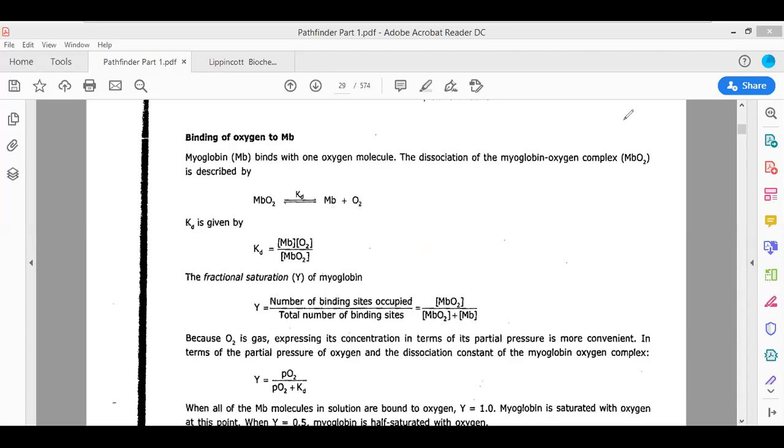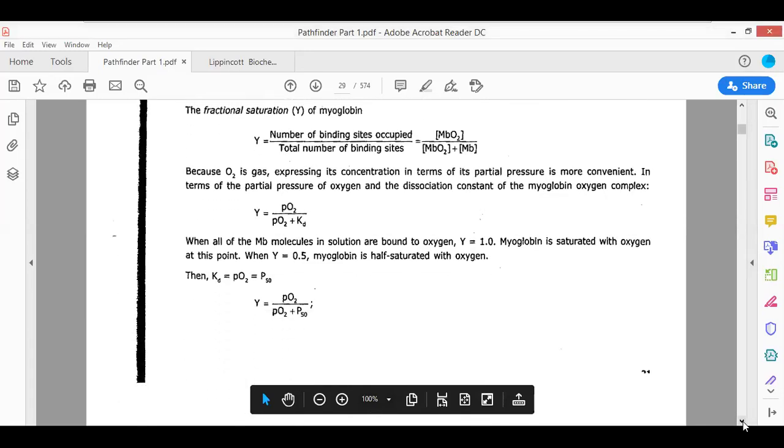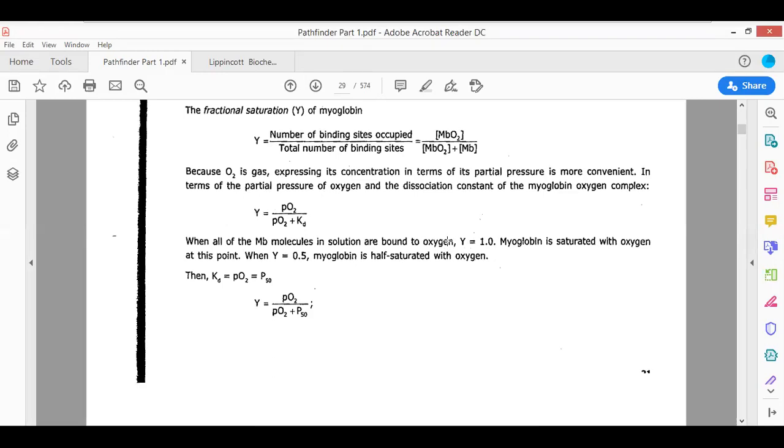Now how does this Hill's equation help in understanding the oxymyoglobin dissociation curve? You can look here. When all the myoglobin molecules are bound to oxygen, the value of Y becomes equal to 1. Then PO2 becomes equal to PO2 plus P50.